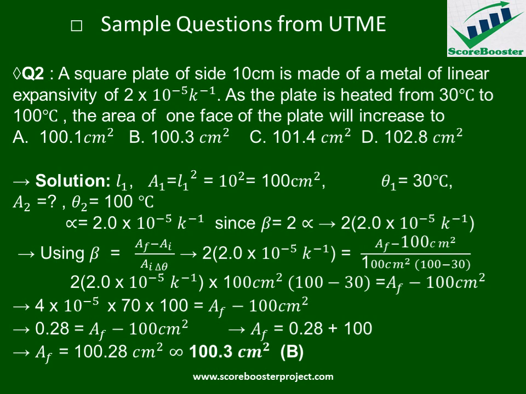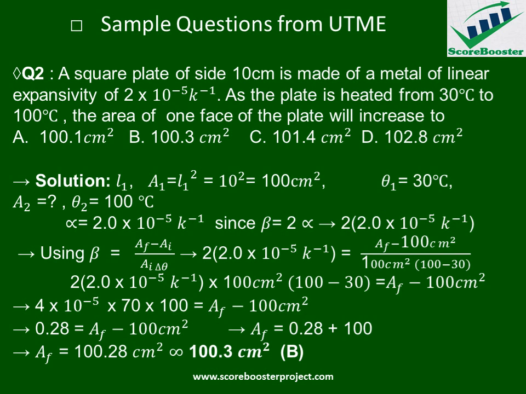Then when we evaluate the left hand side, that is 2 into 2.0 times 10 raised to the power minus 5 times 100 times 100 minus 30, everything will give us 4 times 70 times 10 raised to the power minus 5. 2 times 2.0 will give us 4, then times 10 raised to the power minus 5 at the back, that is our area expansivity.